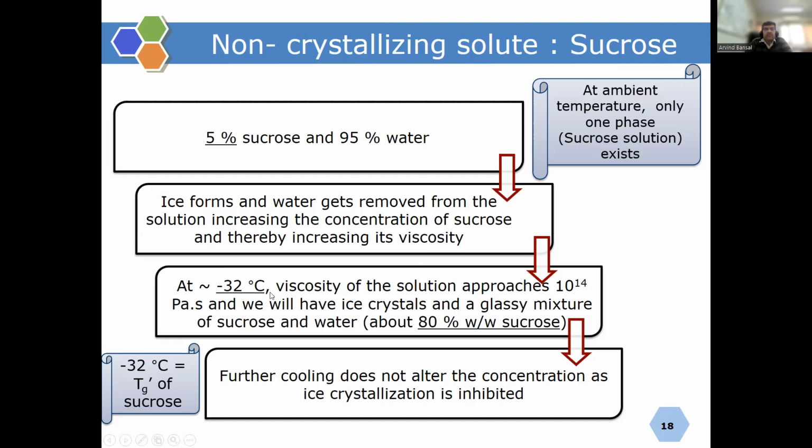At minus 32 degrees Celsius, the viscosity of the solution approaches 10 to the power 14 pascal seconds, and we will have ice crystals and a glassy mixture of sucrose and water, where about 80% sucrose will be present. Cooling it lower than that does not alter the concentration, as ice crystallization is inhibited. So minus 32 degrees Celsius is the Tg prime of sucrose.